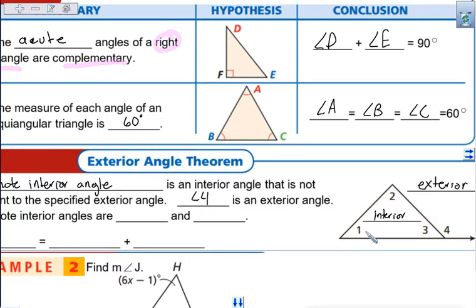Now, angles 1, 2, and 3 are interior, but angles 1 and 2 for this picture are a special kind of interior angle. They are remote interior angles for angle 4. The reason why they are remote interior angles is that they don't touch angle 4.